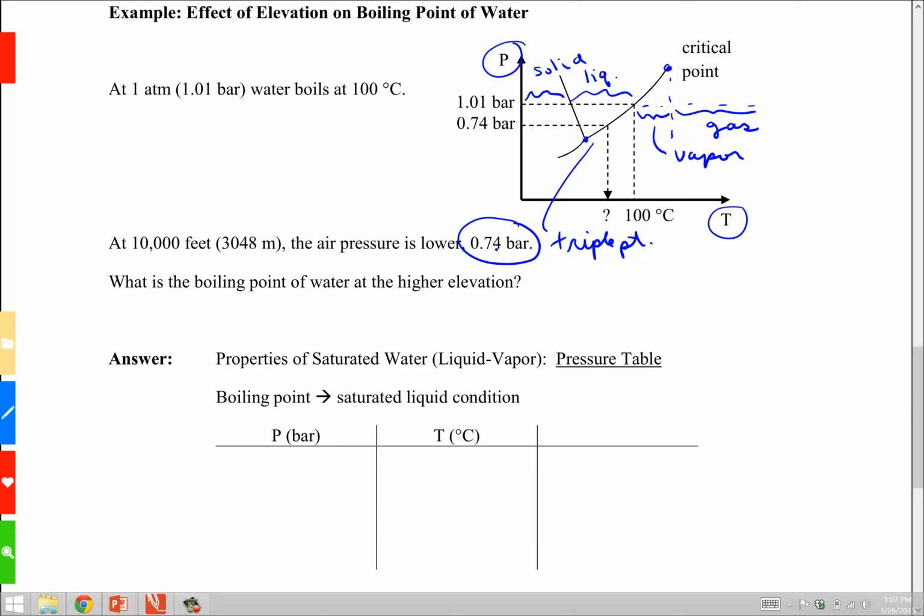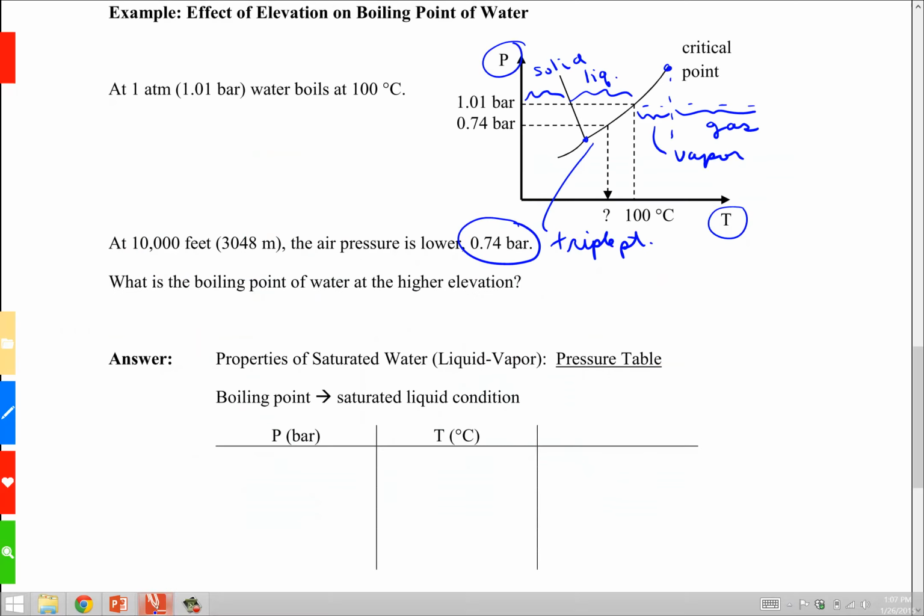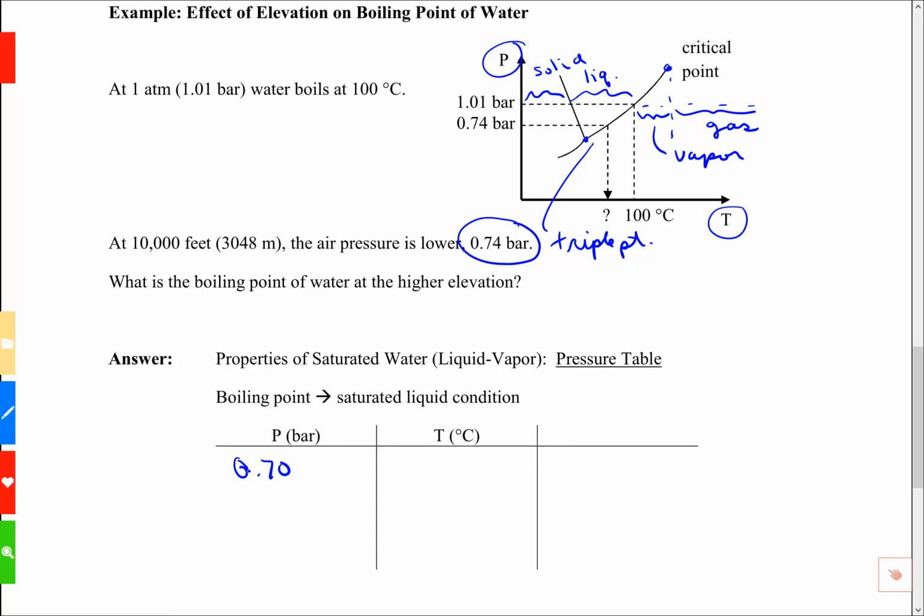Let's go back to the other table here. And here we have 0.7 bar and 0.8 bar, and then a couple of temperatures there. So I'm going to transfer this information to the other table. At 0.7 bar, it's 89.95 centigrade, and at 0.8 bar, it's 93.5 centigrade. So let's go back. We've got values at 0.70 bar, I'll put in the missing value we're looking for at 0.74, and the other value from the table is 0.80.